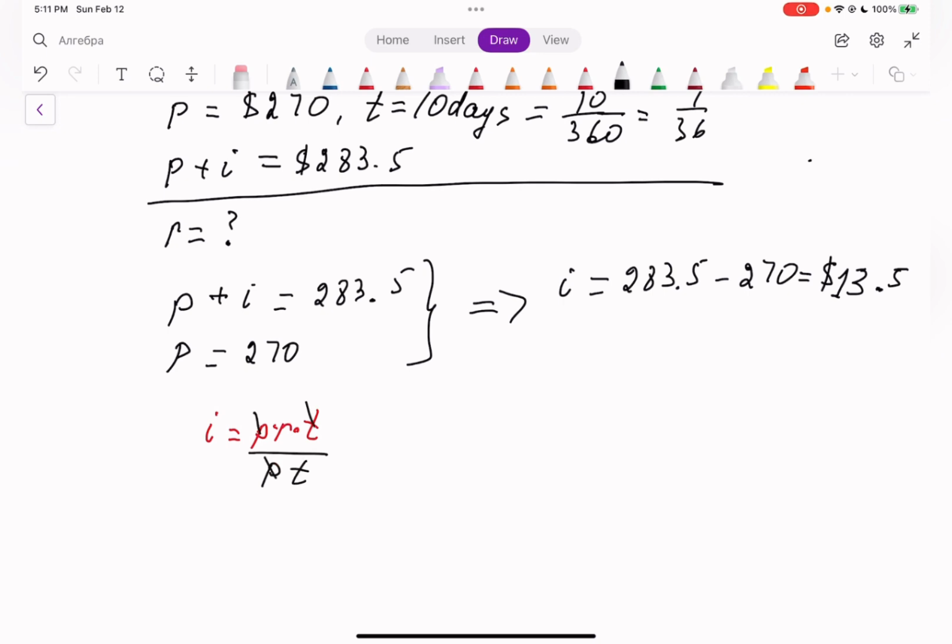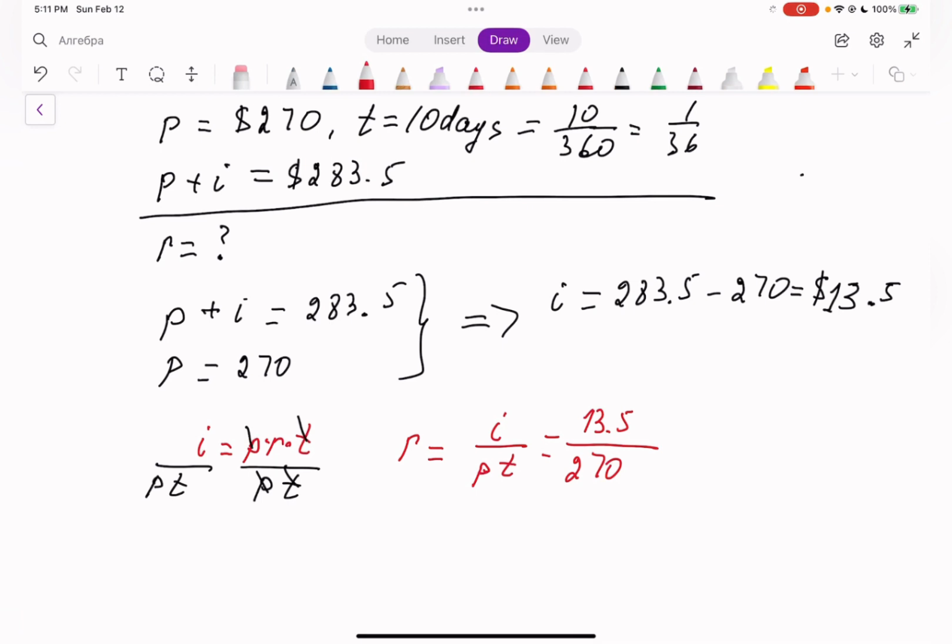Whatever change I do to one part of the equation, I have to do the same change to the other part. From here, to rewrite it clean, R, which is the rate, is going to be equal to I, the interest in dollar amount, divided by loan times time. So interest is 13.5, divided by principal 270, and time is going to be 1 over 36.